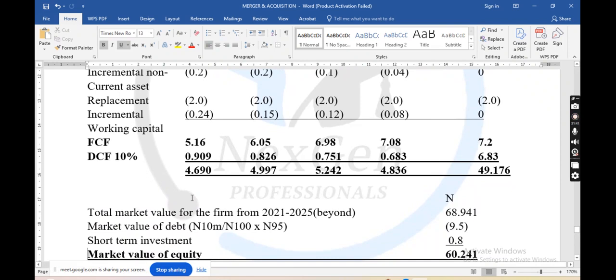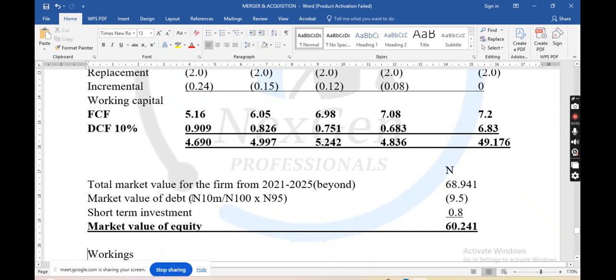Then remove the market value of debt. When you remove the market value of debt, if there is any short-term investment as an asset to the firm, you add it. Then you have your market value of equity. This question could say, what is the market value of equity per share? Just divide it by the number of shares.